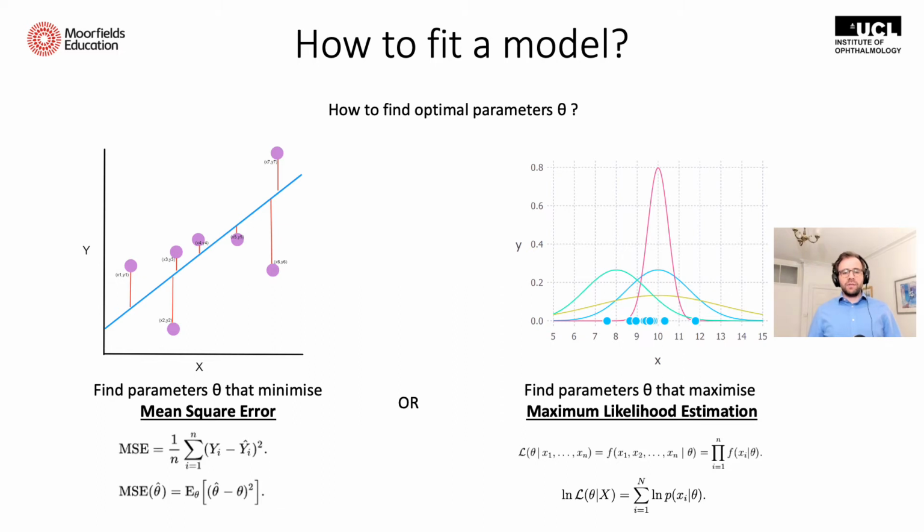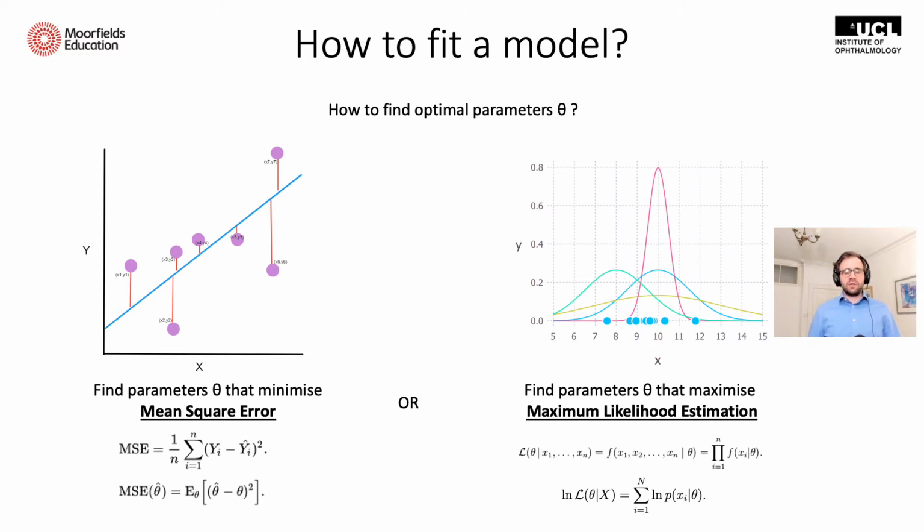For practical reasons, because it's difficult to deal with a multiplication of probabilities, we take the logarithm of these probabilities, and the logarithm turns the product into a sum. So what you have there is the log likelihood function, the equation underneath. What you're trying to do is find the theta parameters that maximize the log likelihood.